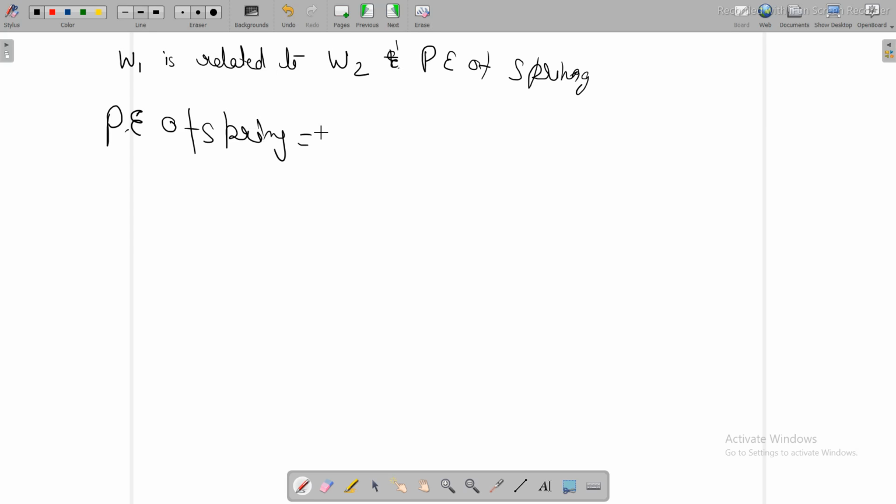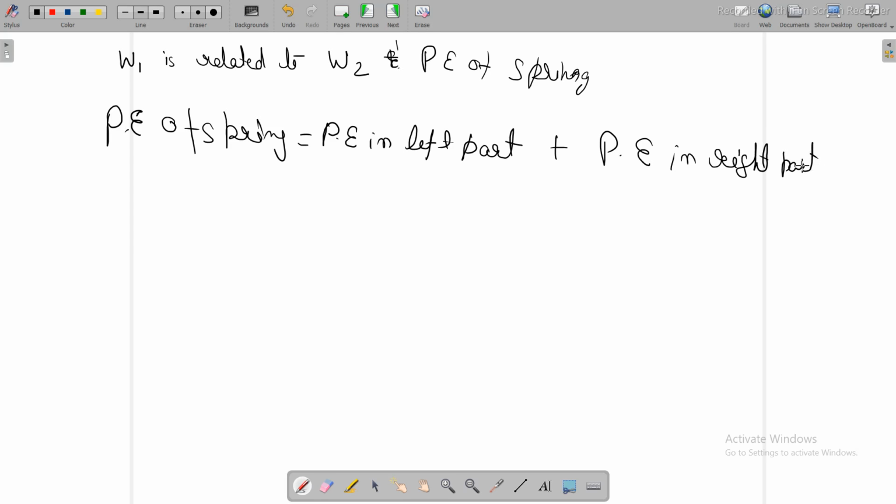As the spring is compressed by L by 2, half K into L by 2 squared, and expanded by L by 2, the net difference is only L by 2.